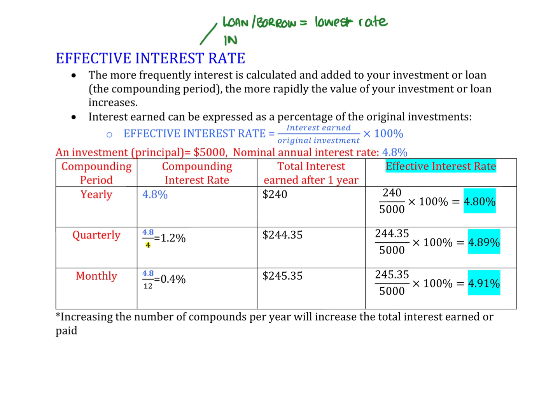If you're investing, you would want a higher rate, wouldn't you? Because you want to make as much money as you can. Okay? So that's what you've got to be careful with. We're going to find out what the effective interest rate is, but in the different scenarios, you want a different thing. If you're borrowing, you want a low rate. If you're investing, you want a high rate.